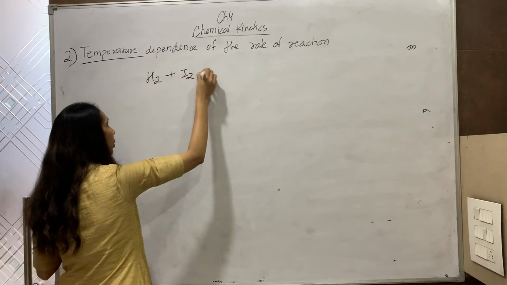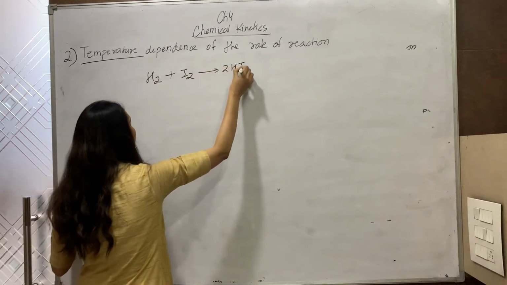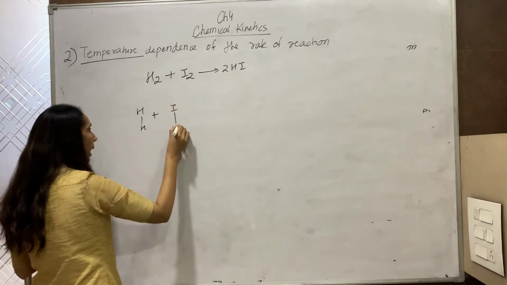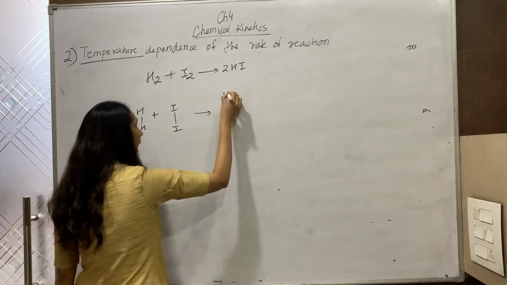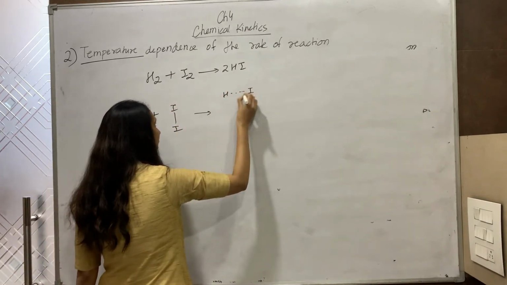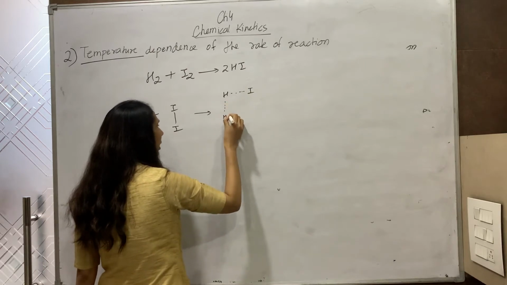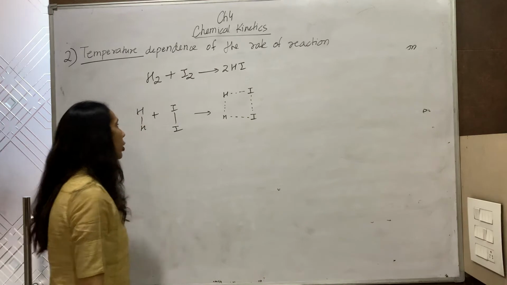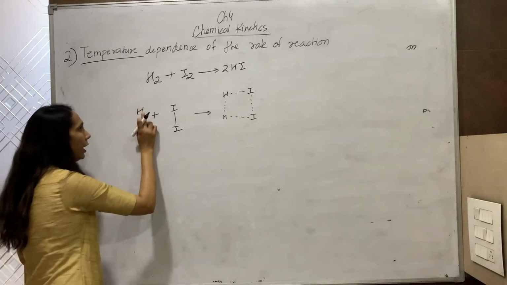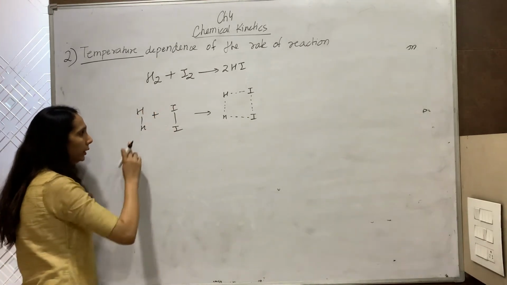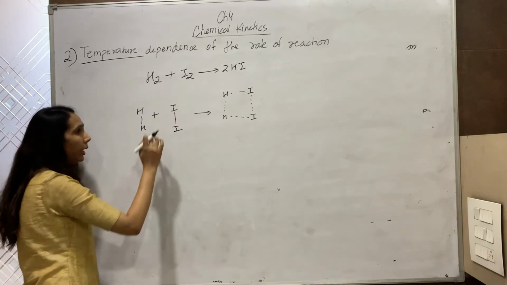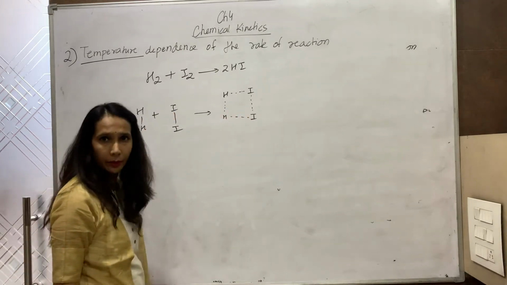H2 plus I2 gives 2HI. But when this reaction was done, H2 collides with I2 and an intermediate is formed, a very unstable intermediate which remains for a very small time period. Just see what has happened. H starts forming bond with I, H starts forming bond with I, and the HH and II bonds start breaking.